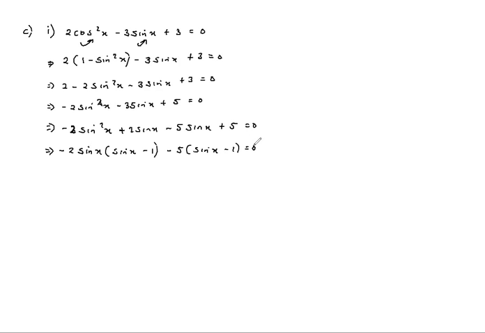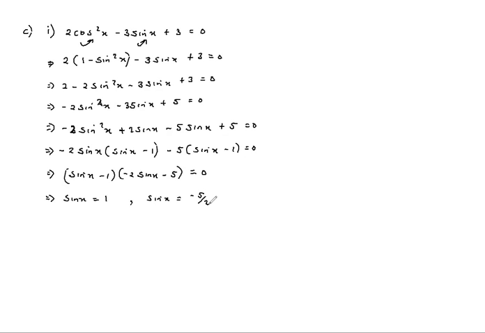You factor out negative 5 there, and then you have sine x minus 1, and then negative 2 sine x minus 5. That is 0. So you are saying sine x is 1. If not so, then sine x should be negative 5 over 2.